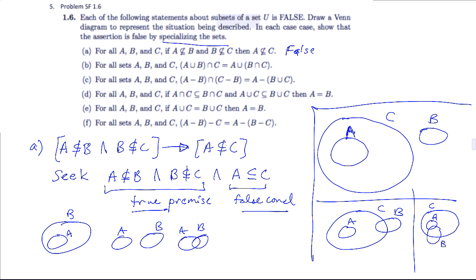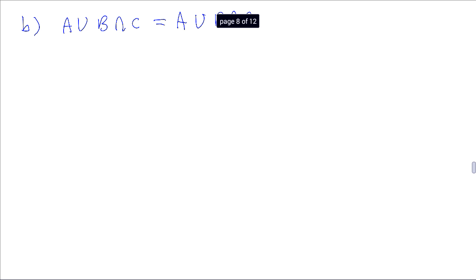On the left side, they put the parentheses on A union B, and here they do it in the other order. In other words, you can't mix unions and intersections without putting the parentheses in. You have to tell which to do first. Okay?